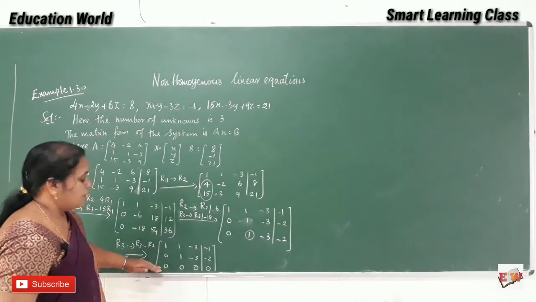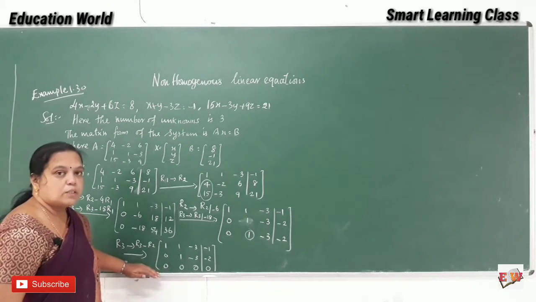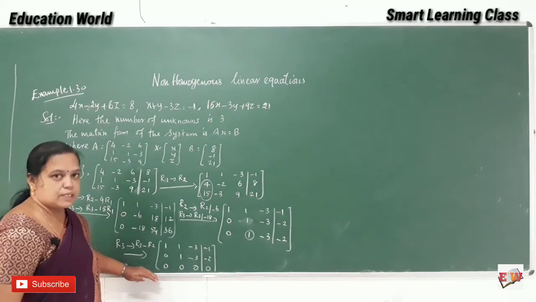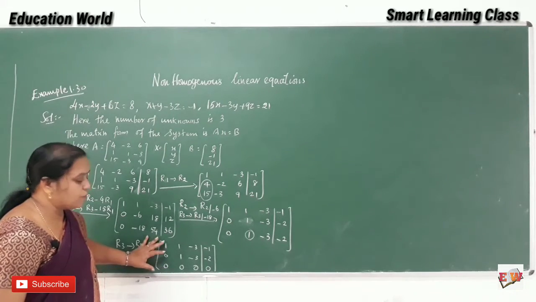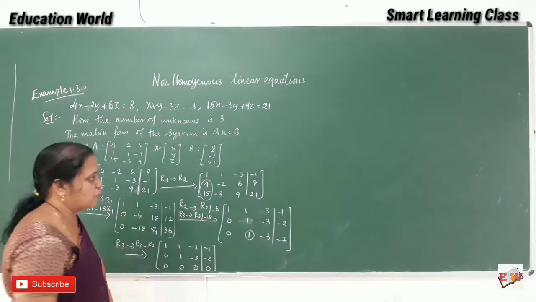See, in this there is one zero row, and 2 non-zero rows are here. So the rank of the augmented matrix is 2.